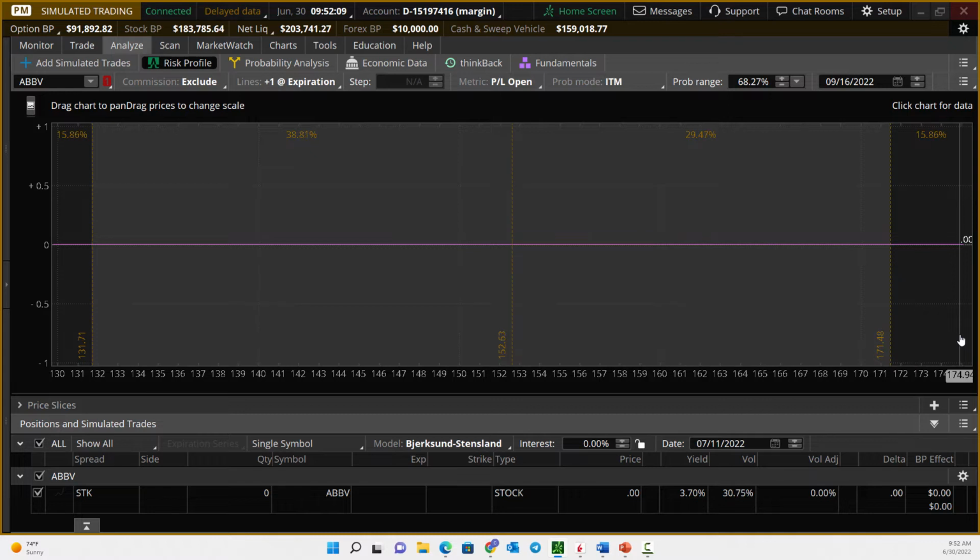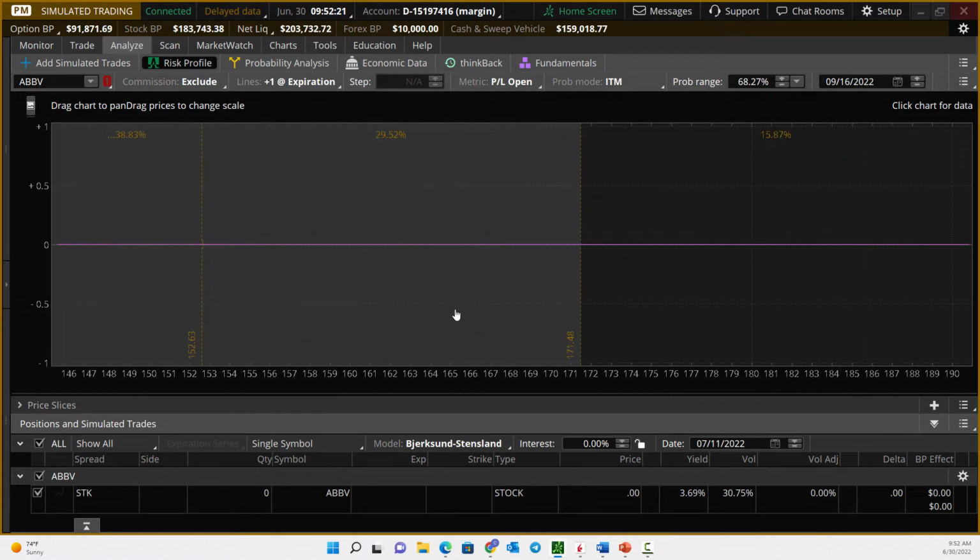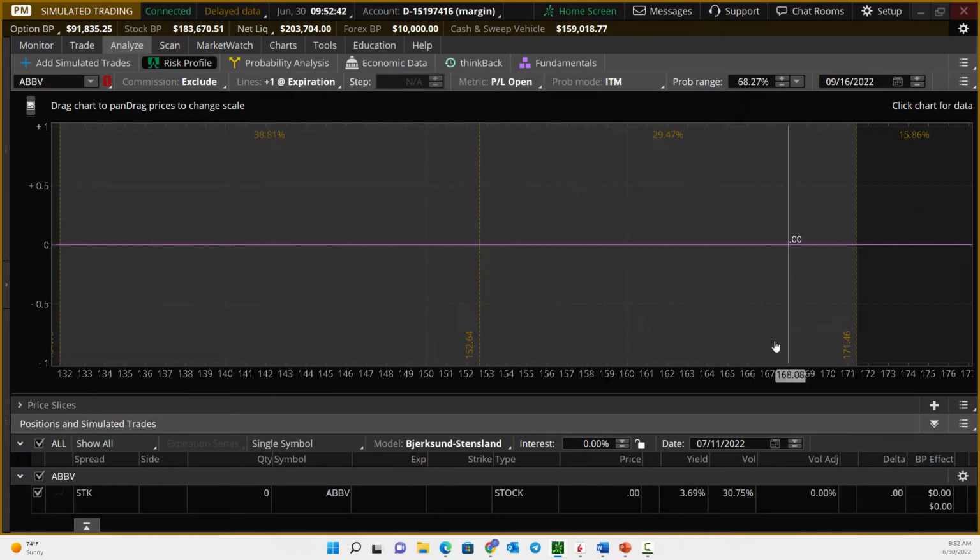I'm not speculating so much where I'm putting on a trade that has a low probability of ever getting there. So it wouldn't make sense to me to build some butterfly targeting 180 through September, because the market's telling me there's just not much chance. In fact, if I grab this and put it over here, it says there's an 8% chance. Well, that means there's a 92% chance it won't happen, right? So I want my target to be in this shaded area.